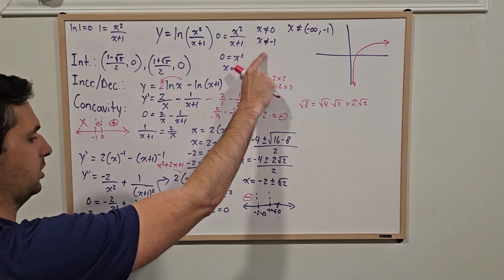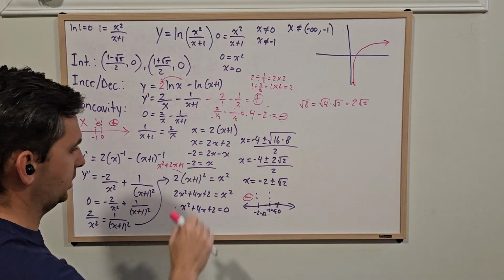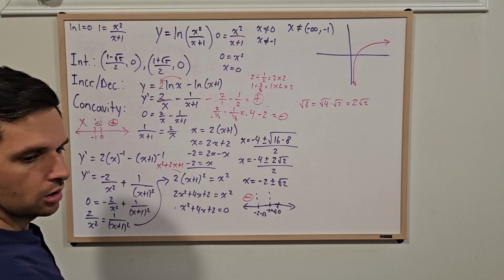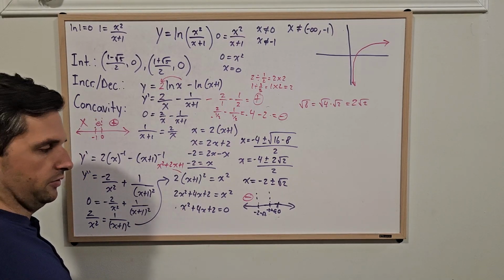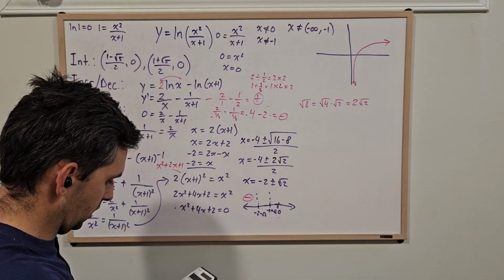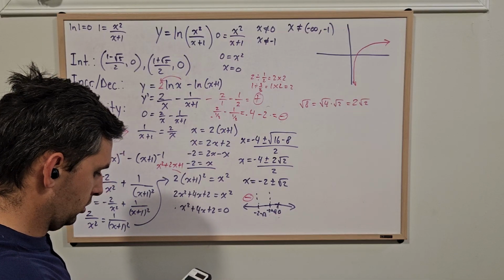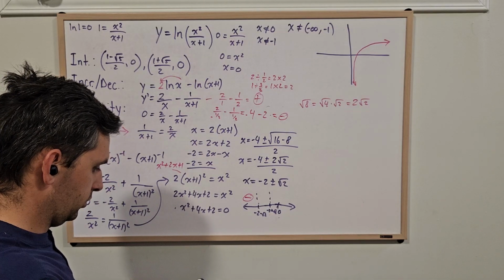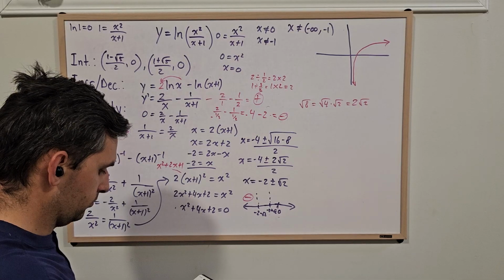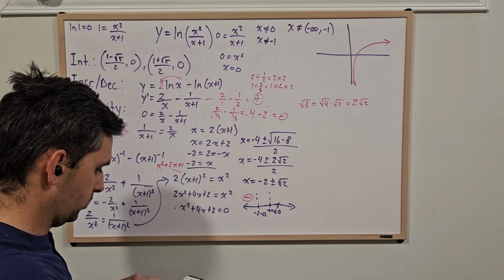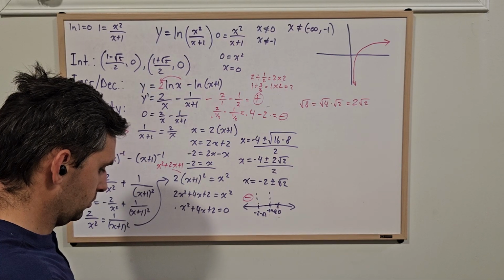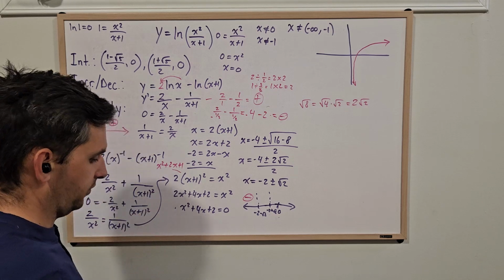I'm not going to plug in negative 1 because we don't exist at negative 1. I need to plug in something else. I need to plug in like negative, let's see here, get an actual value here. Plus root 2. Negative 0.58.